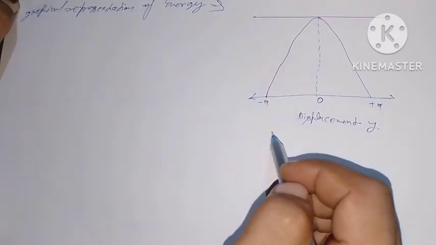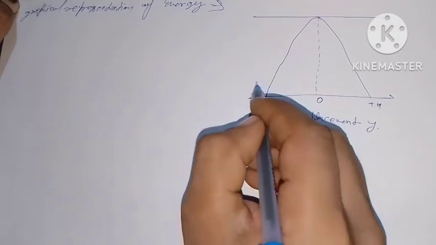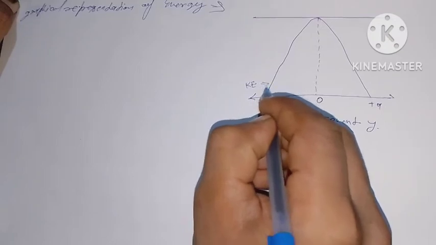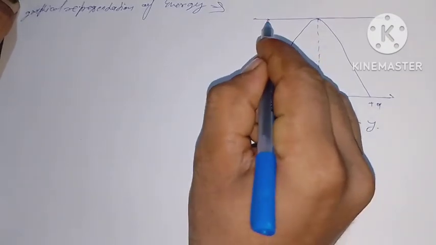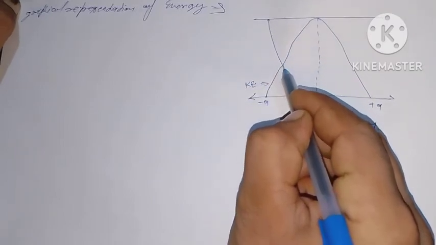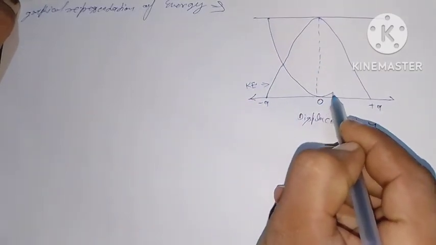If the kinetic energy is 0, then the potential energy is maximum, and it works oppositely.